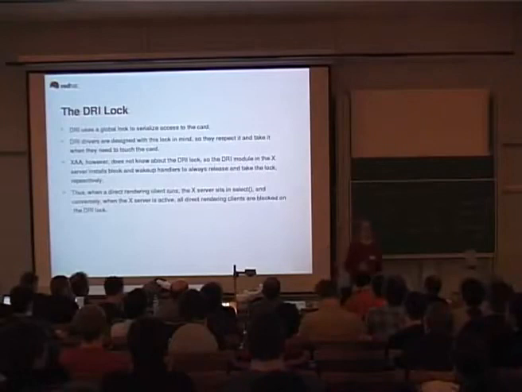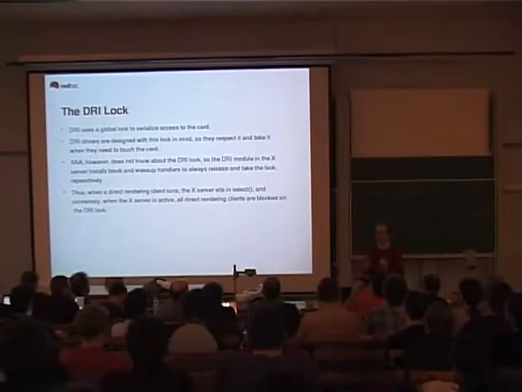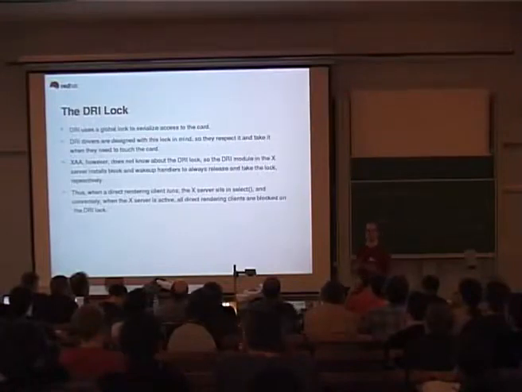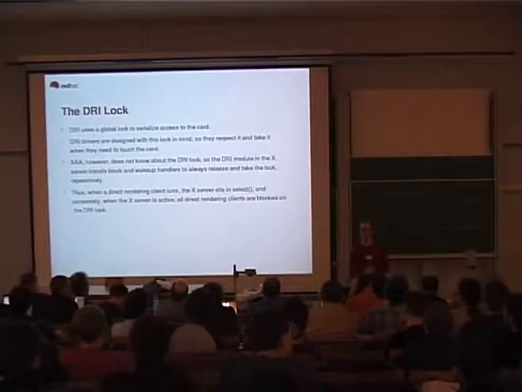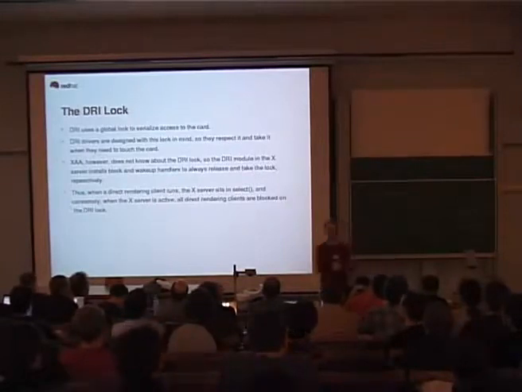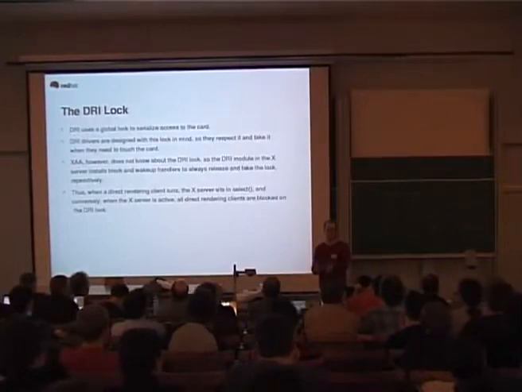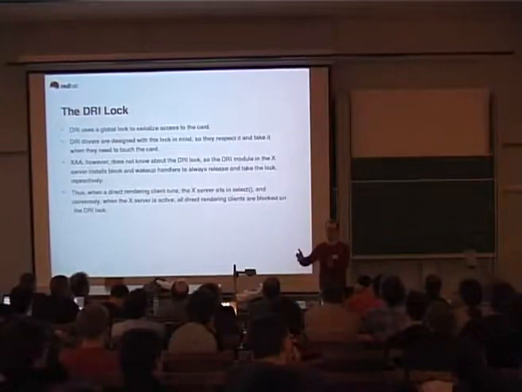So what we do is, as soon as we receive a request from the socket, we take the DRI lock and restore the state that the X server expects to see. Then we go off and render the request as usual. When we flush the pipe and render all the requests that were sitting in our buffer, just before we go back to sleep and wait for the next request, we release the lock so that the DRI driver will be able to acquire the lock and do the rendering.